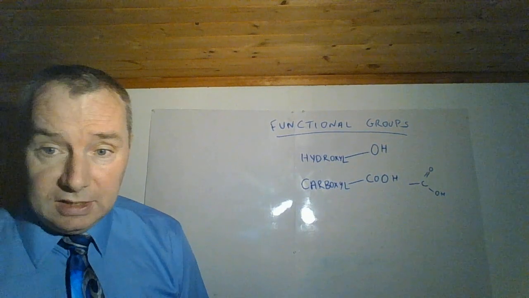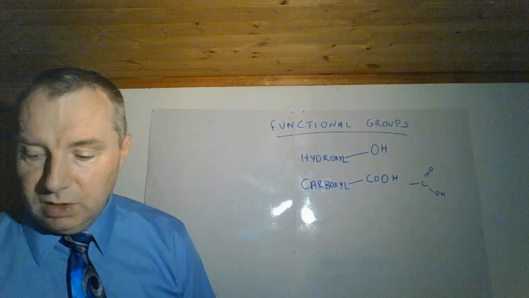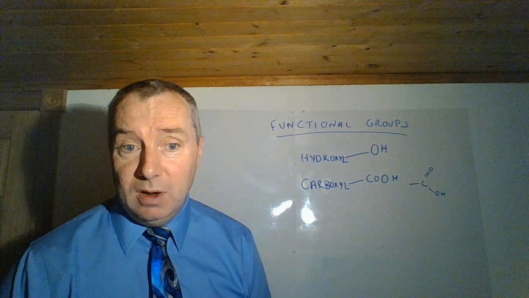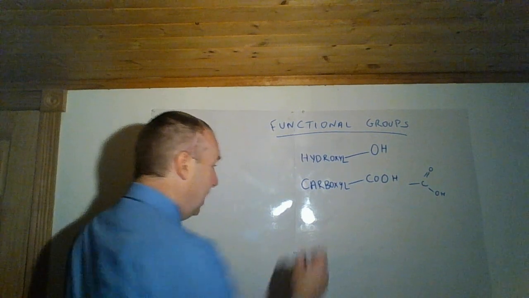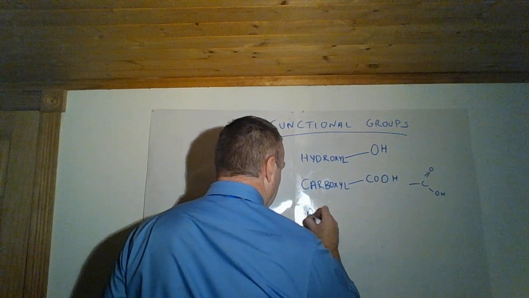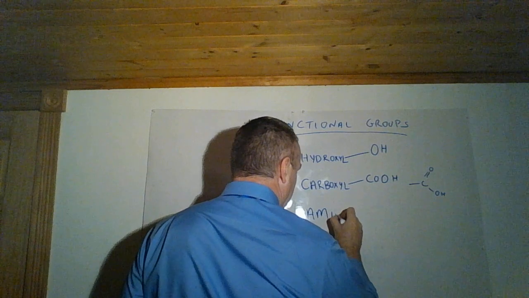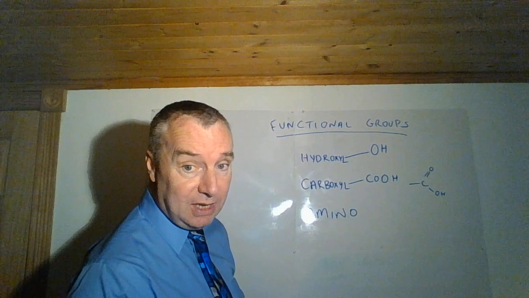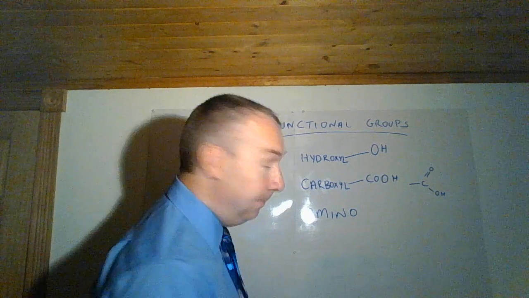Next one, it's the only one that has an N in it, and that helps you to remember its name. Its name is amino. And as you can imagine, we will be talking about amino acids later, so you're going to see this word a lot.